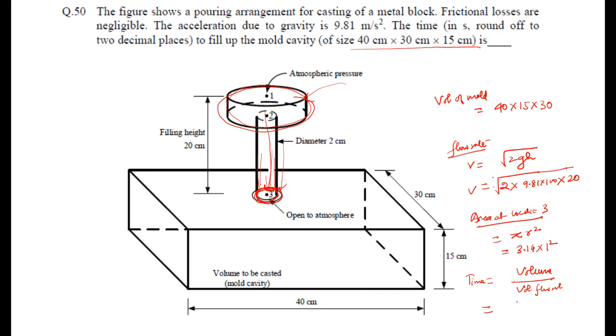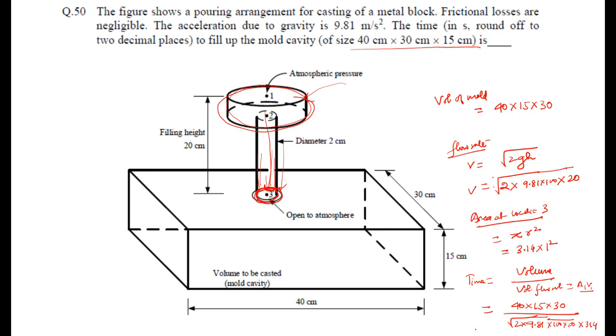So here volume is 40 into 15 into 30 divided by this volume flow rate. It is nothing but area into velocity, right? That is a1 v1. So basically we will multiply the velocity with area. So root under 2 into 9.81 into 100 into 20 into 3.14.